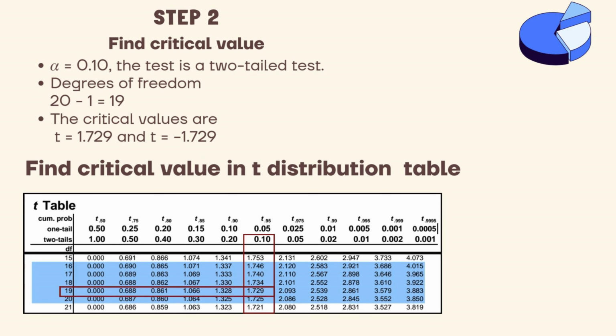To find the critical value, we look at the t distribution table, where the degrees of freedom is n minus 1. So the degrees of freedom for this data is 19. Then we get the critical values at negative 1.729 and 1.729 since there are two tails.